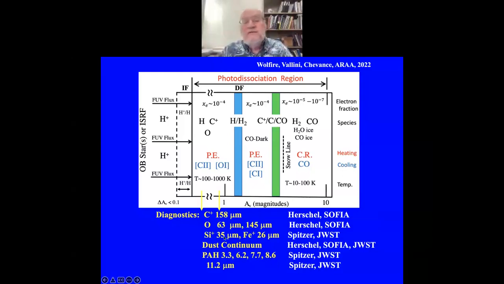There's also fine structure line emission from heavier elements like silicon and iron. Here, these are excited by collisions with atomic hydrogen and not electrons. There's dust continuum emission, and then there's the PAH emission. So that balance between heating and cooling typically gives temperatures between 100 and 1,000 degrees. You can get lower temperatures or higher temperatures depending on the ratio of the UV field over density.